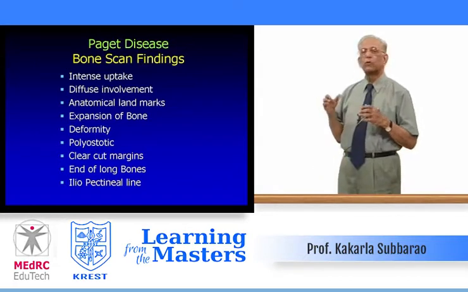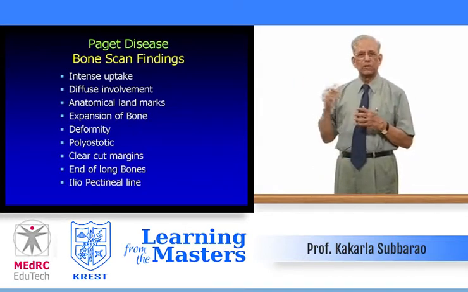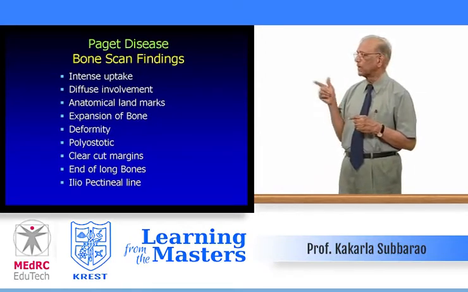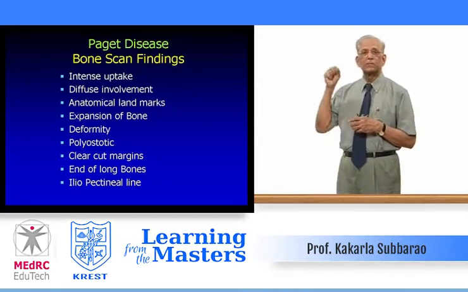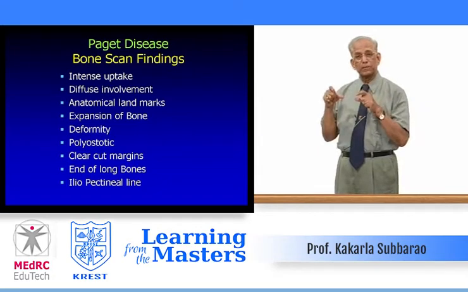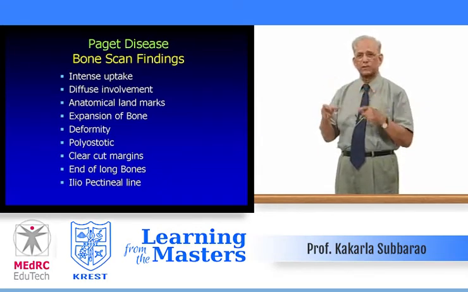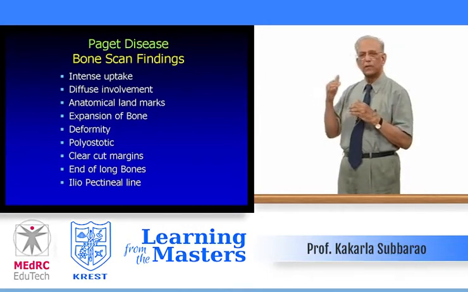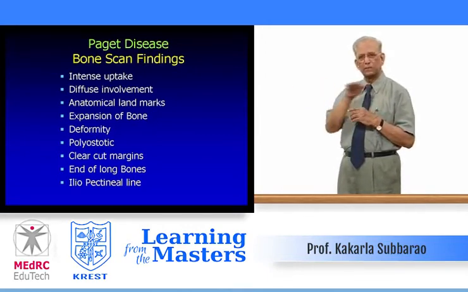And then what are the bone scan findings? Earlier we described radiological and other imaging findings. Now, bone scan findings include intense uptake. Again, the intensity depends upon the activity of the process. And diffuse involvement. Anatomical landmarks, as I said, in the sternum, there is a typical transitional type of zone.